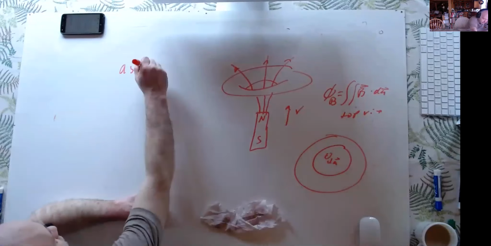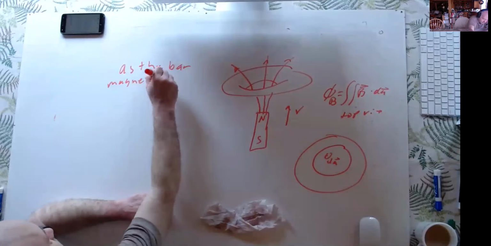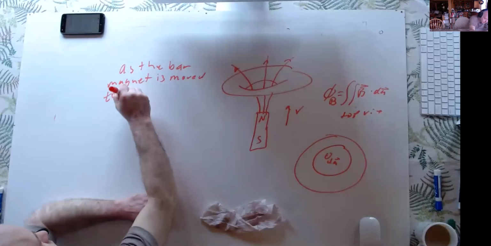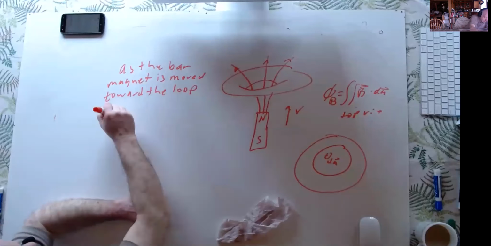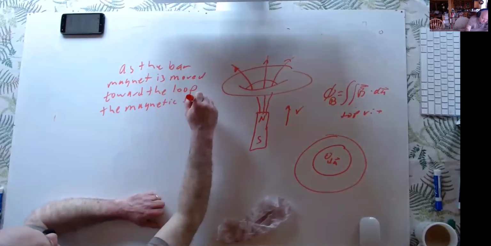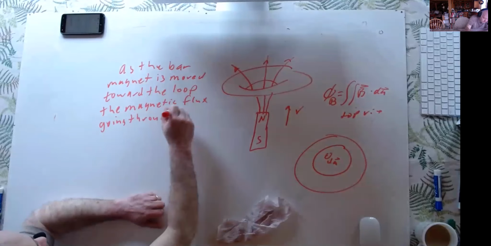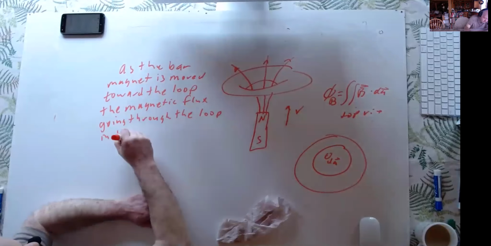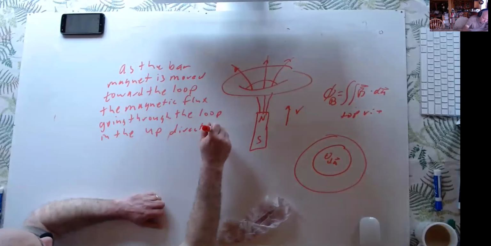As the bar magnet is moved toward the loop, the magnetic flux going through the loop in the up direction increases.